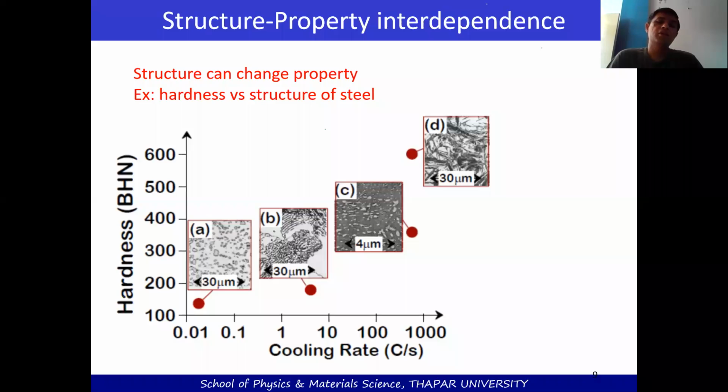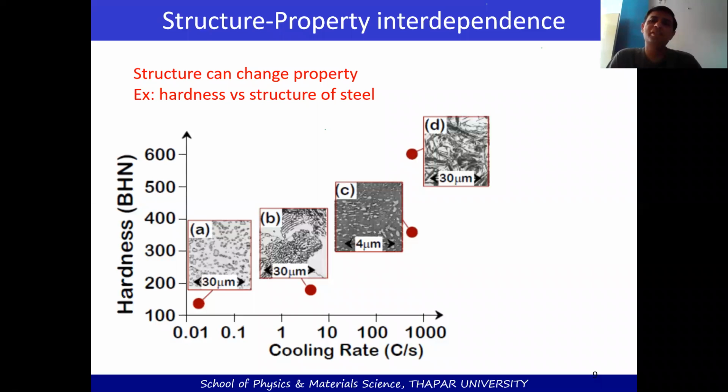While the material in image A has a much lower hardness, which is slightly above 100. That means the same steel material, if you alter its processing condition, namely the cooling rate, you can either increase or decrease the hardness of the material.